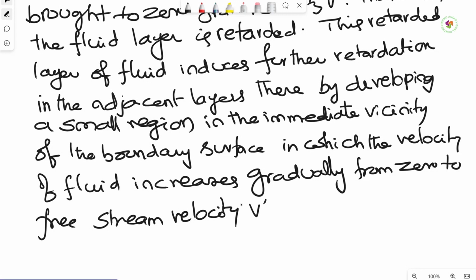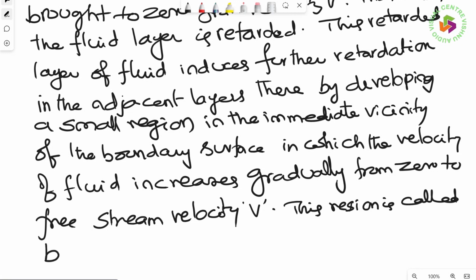This region is called the boundary layer.